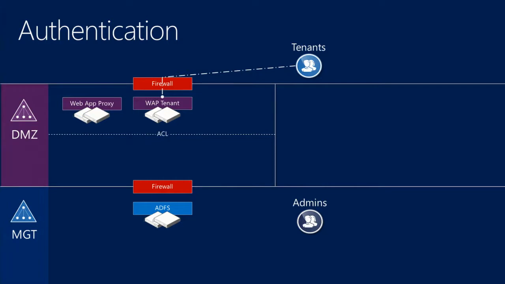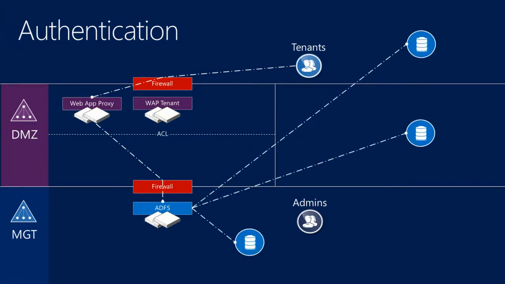And when the tenant is redirected to the authentication site, this is actually the web application proxy. The web application proxy will then forward the request to our internal environment. So it's not directly to the internal environment, it's forwarded into the DMZ. And then we have, from ADFS, multiple scenarios.